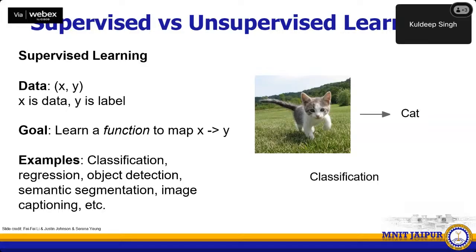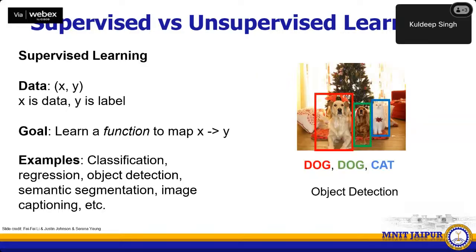Suppose you are building a classification model which can classify between cats and dogs. So your mathematical function, or supervised machine learning model, should have a mechanism of mapping these images to a corresponding label. One of the typical or most popular examples is classification, where you are classifying an image to a particular class or category.